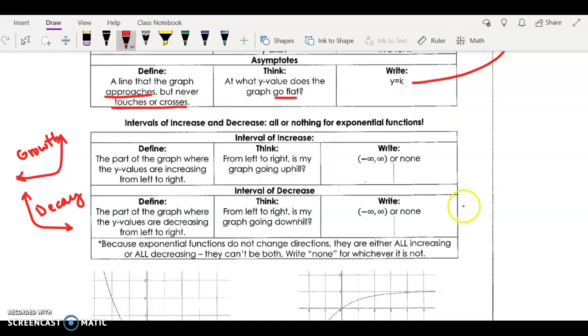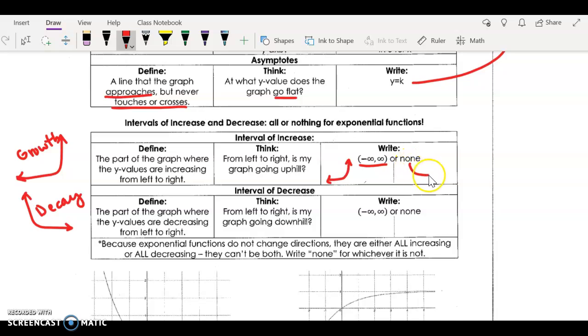What we'll do is we'll define the interval of increase as negative infinity to positive infinity, because the whole thing will be increasing.